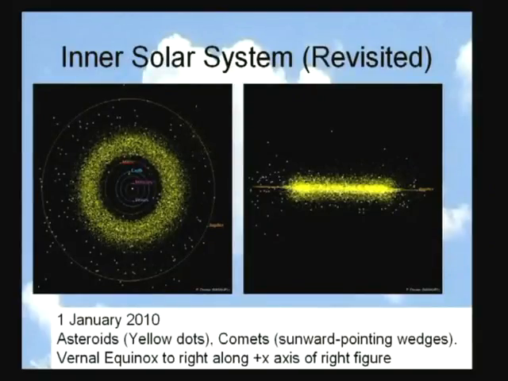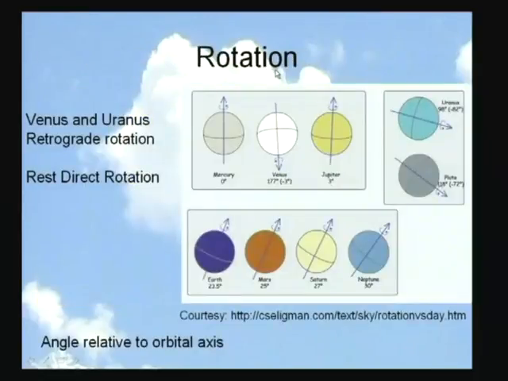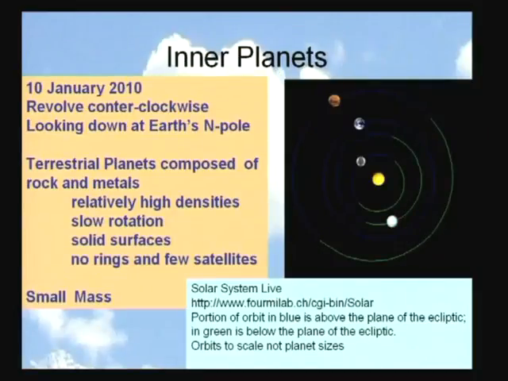So, having briefly discussed a possibly viable scenario for the formation of the solar system, let us now go back and take a look at the solar system again. So, this is a picture of the inner solar system again. Remember, I had shown you a picture right at the start. This is the inner solar system.